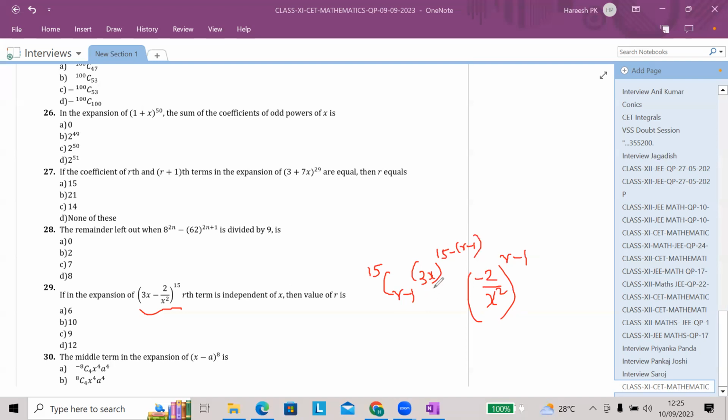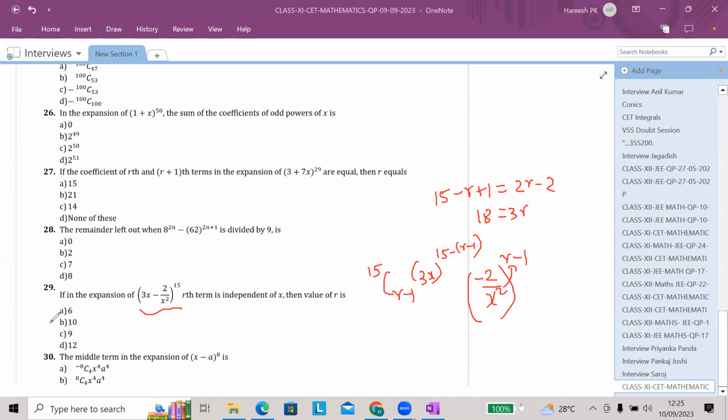So now, if it has to be independent of x, the power in the numerator, 15 minus r plus 1, should be equal to the denominator's power, which is 2r minus 2, because I multiply this 2 here, so it will give you 2r minus 2. So then you'll end up getting 18 equals 3r.